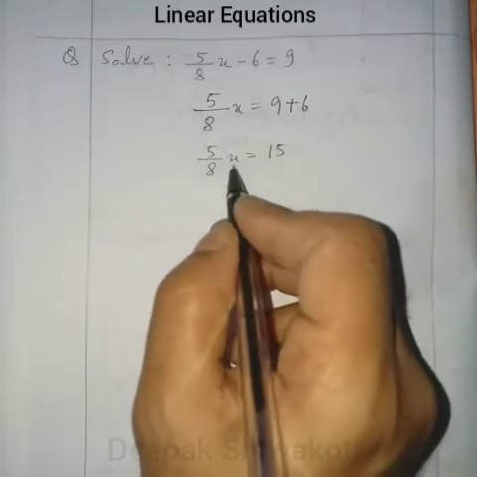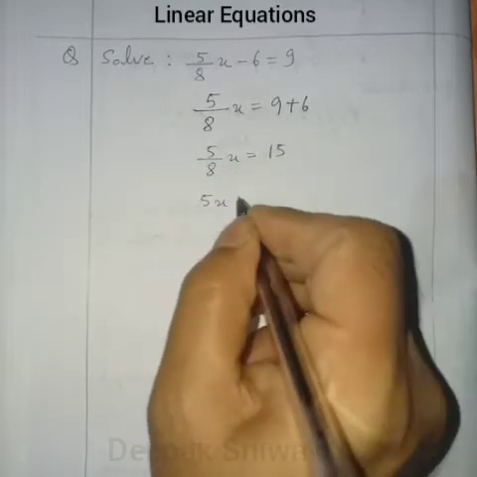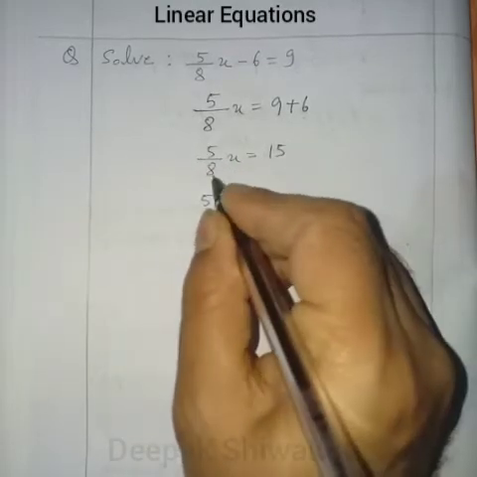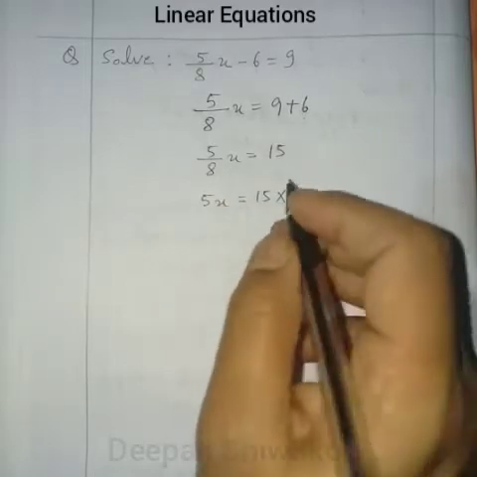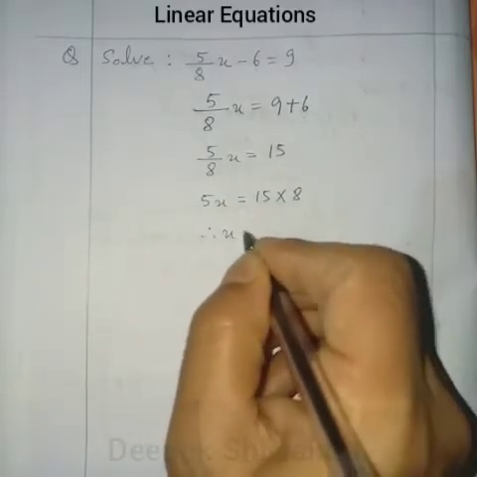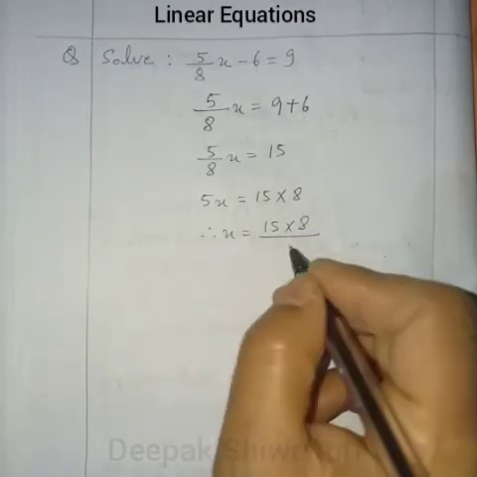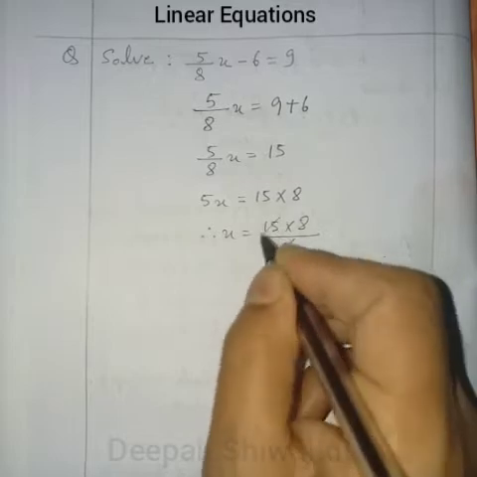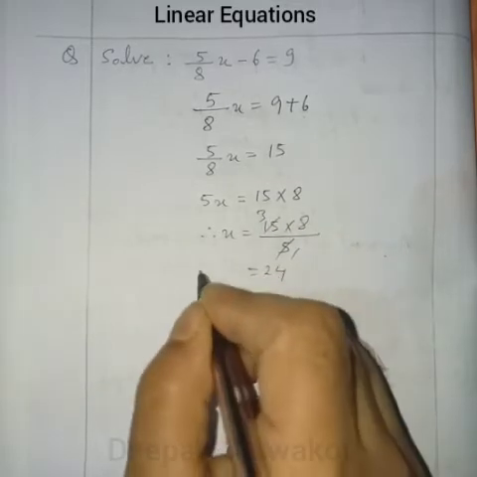We are trying to find the value of x. So here 5 into x is 5x. This 15 into 8. This 8 goes this side and it will multiply. So now x will be 15 into 8 divided by this 5. 5 ones are 5, 5 threes are 15, 8 threes are how much? 24.